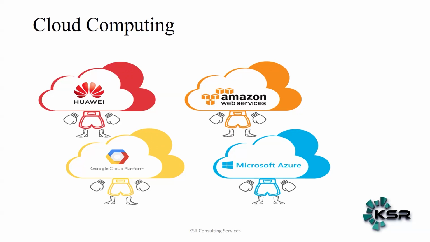Just like that, these are all the cloud services which you're seeing on the screen: AWS, Azure, GCP and Huawei. All these are cloud services which are going to provide you the service, and you just need to pay the money for them. That's it. So if you ask me, Ola and Uber, I'm paying them money, am I wasting money?